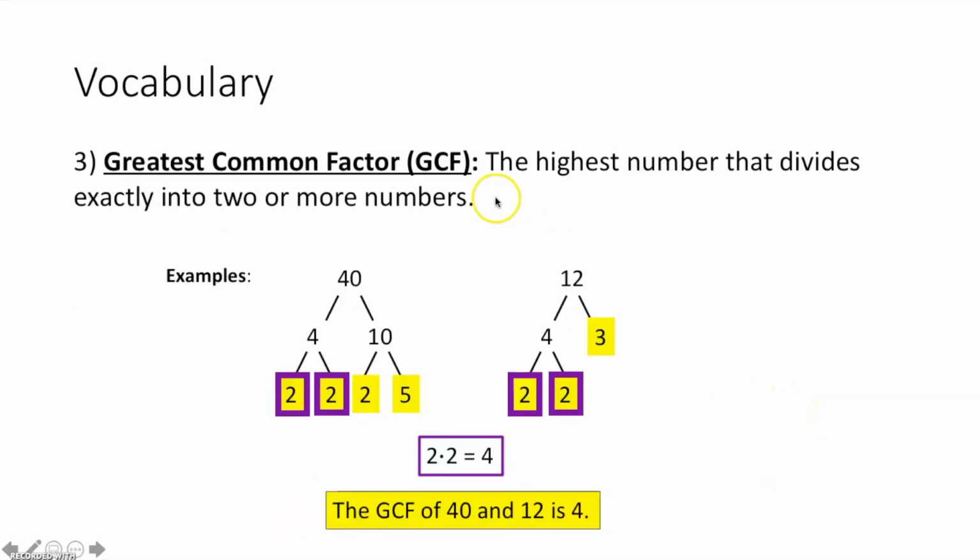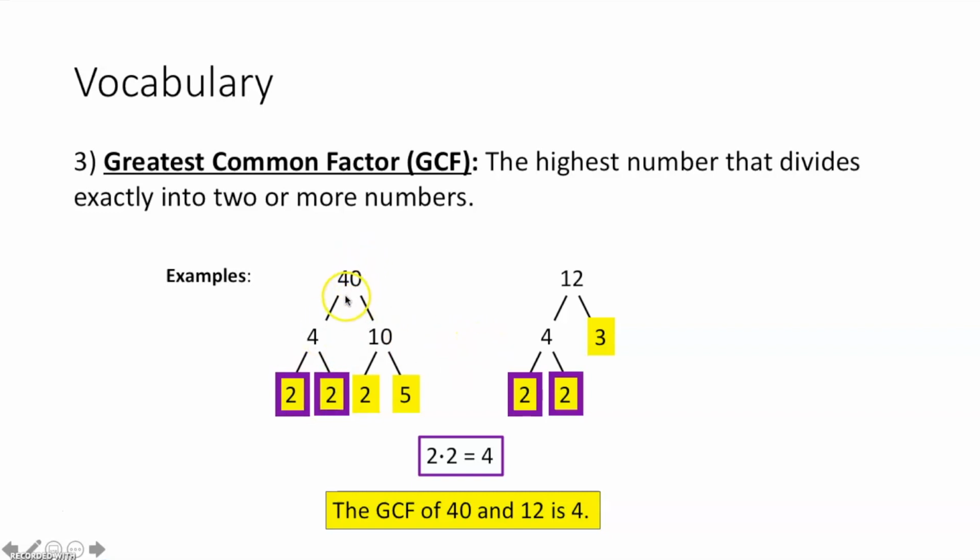Now, the greatest common factor, or what we will refer to as the GCF, is the highest number that divides exactly into two or more numbers. So in this case, we have 40 and 12, and we just showed how to break those two numbers into their prime factors. To figure out what the GCF is, you just look at which prime factors these two numbers have in common.